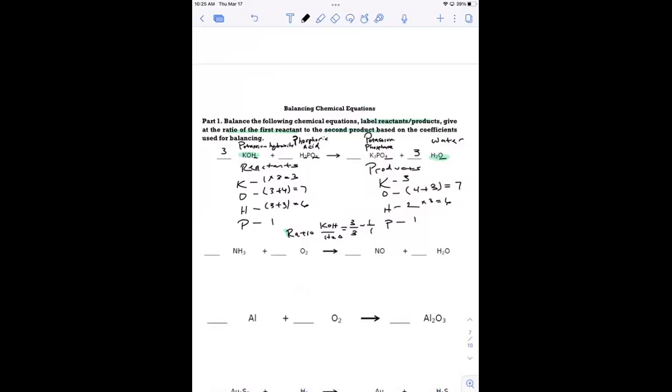Why do we need the ratio? That's just a part of the process, because we're also learning that skill of comparing the different substances, like the relative amounts of each substance. You're going to need that.